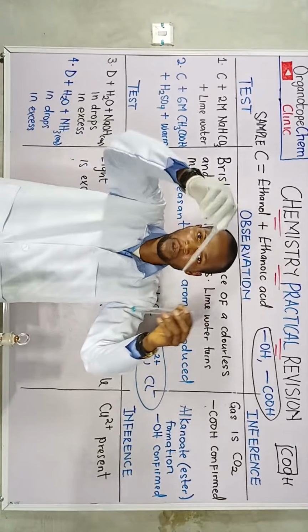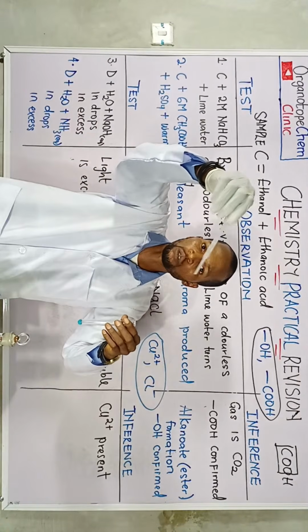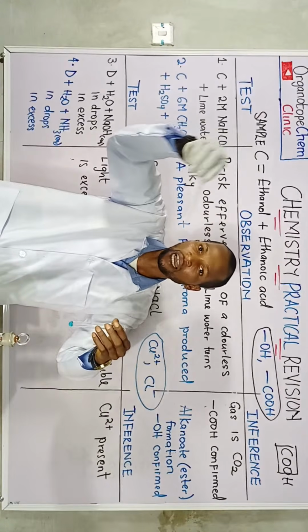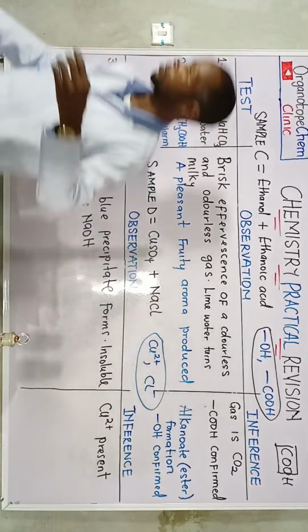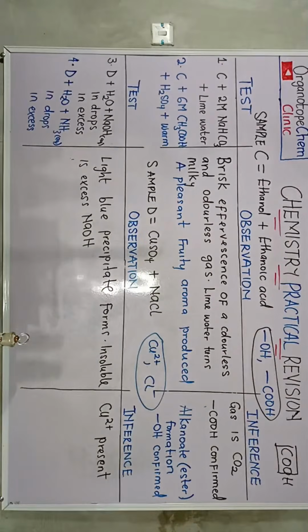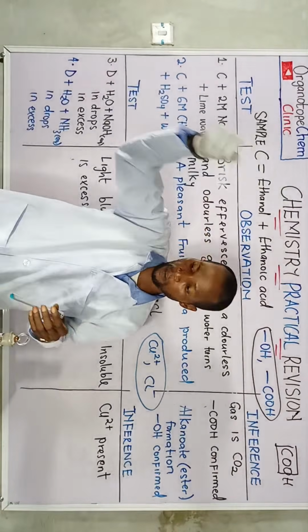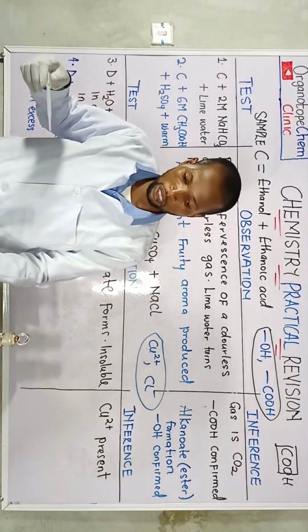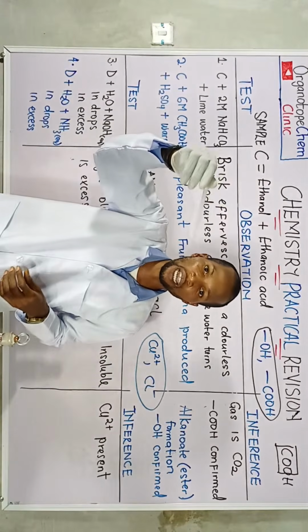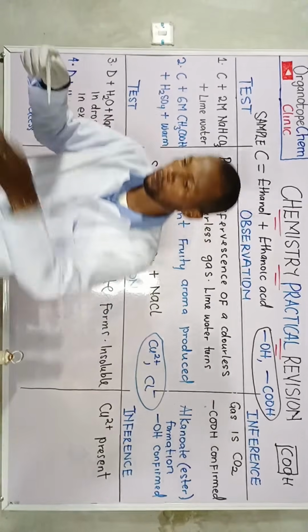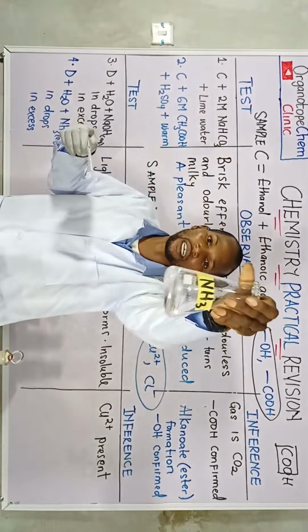You are expected to rinse the dropper any time you are taking another fresh reagent. All right, I've rinsed the dropper. So I'm going to take the aqueous ammonia in drops. This is my ammonia right here.